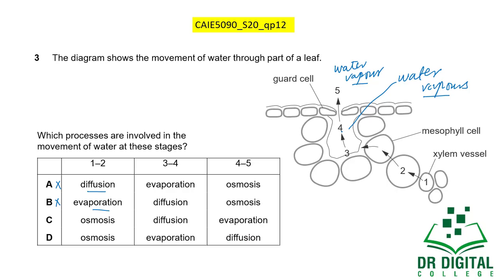So transpiration is occurring from 4 to 5, and transpiration is a diffusion process. So 4, 5 is not evaporation, rather it is diffusion, while 3, 4 is evaporation, because the liquid water is being changed into water vapors. So the answer for this question should be D. It should not be C.